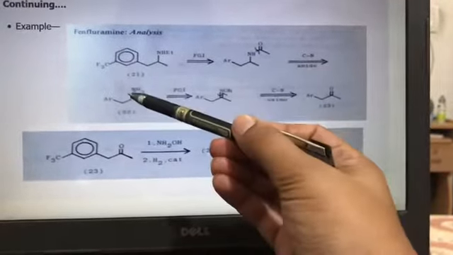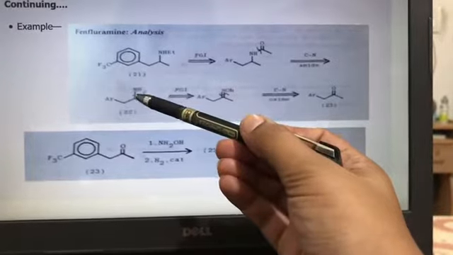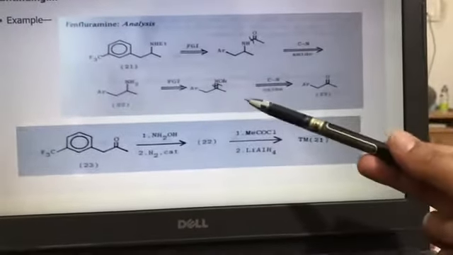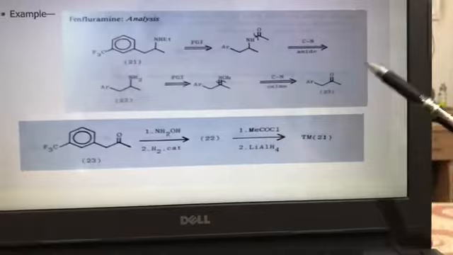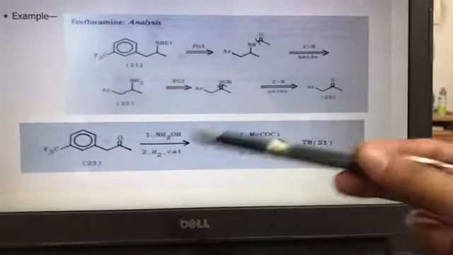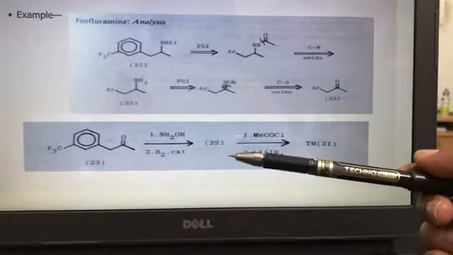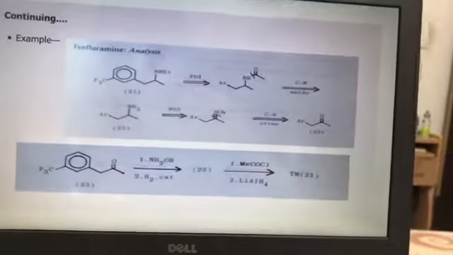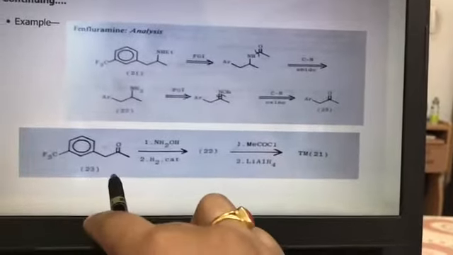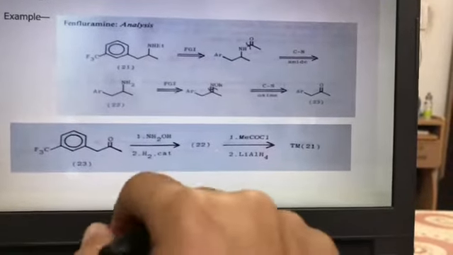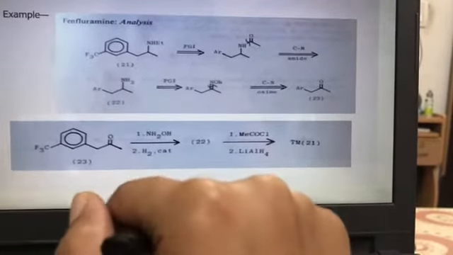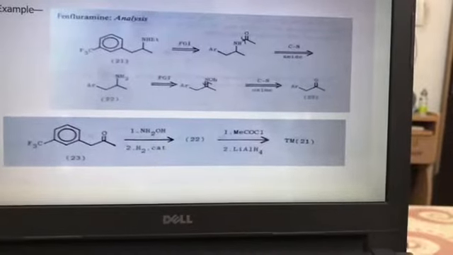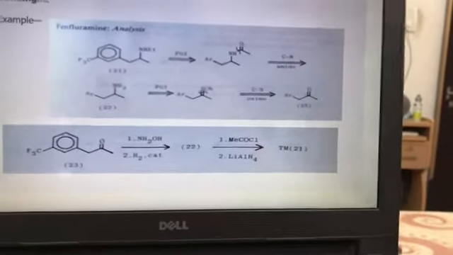Using FGI here, we can get this oxime, and of course we just studied that an oxime can be disconnected into a ketone. Here we have synthesized the ketone to oxime, and the oxime gives us amines upon reduction.